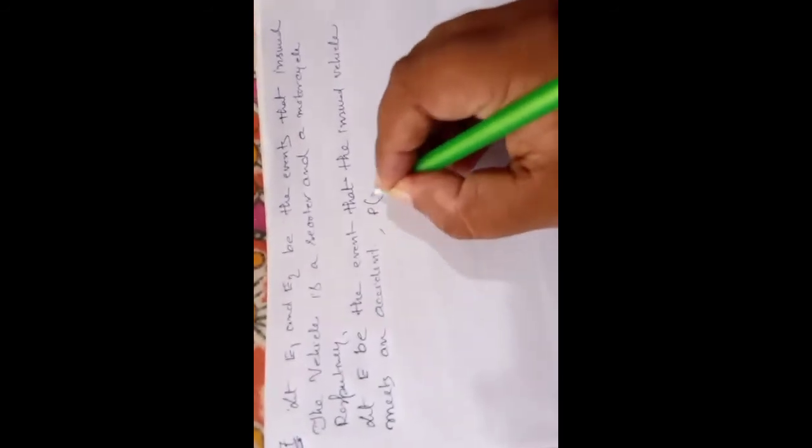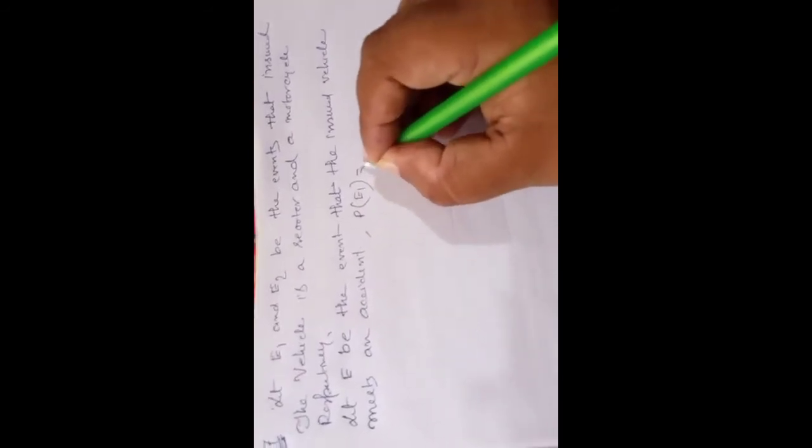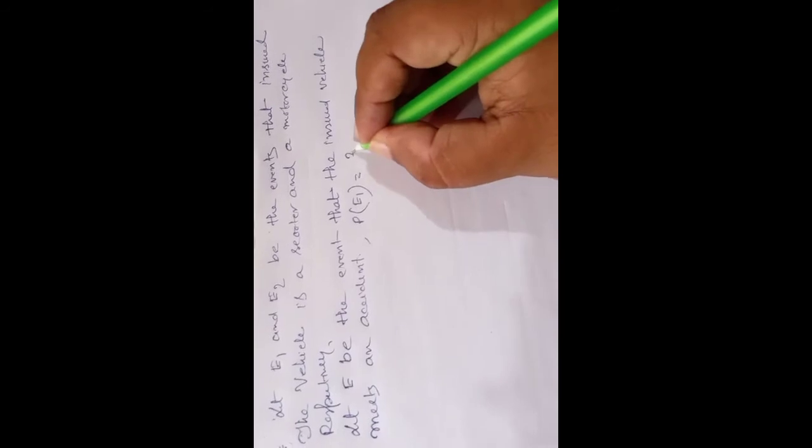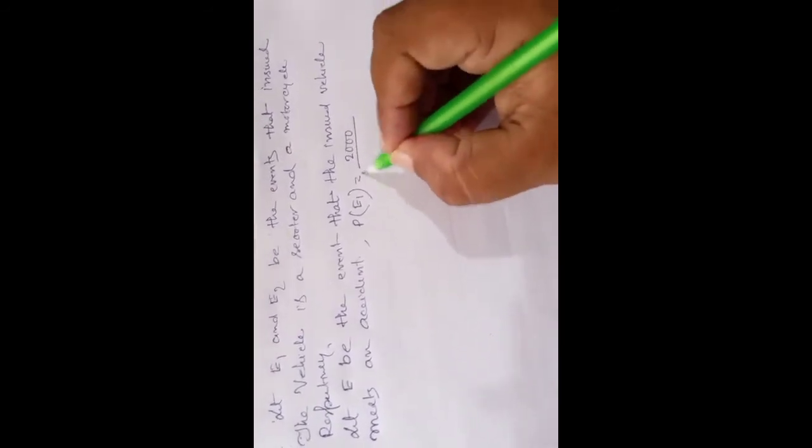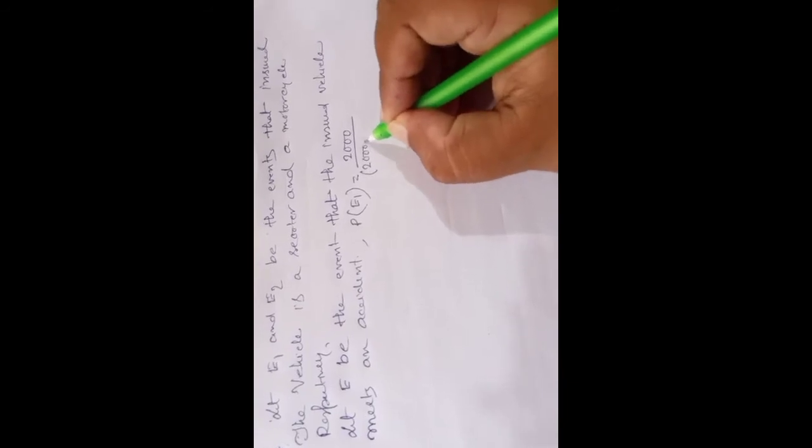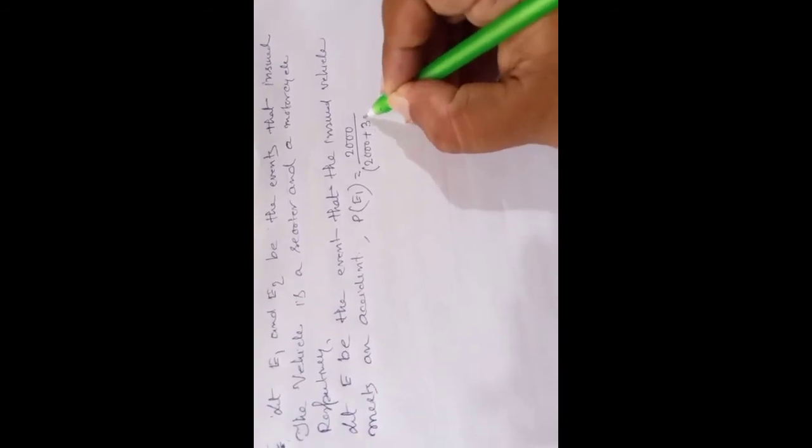So obviously P of E1 equals 2000 by 2000 plus 3000. Why is it so?